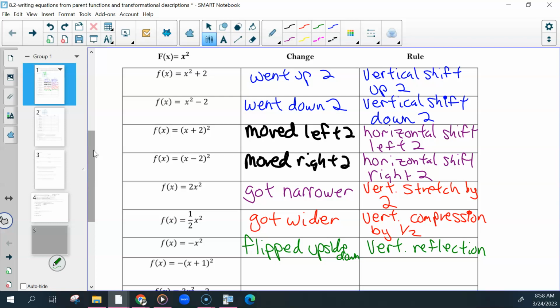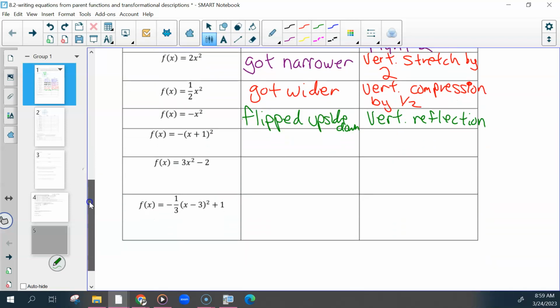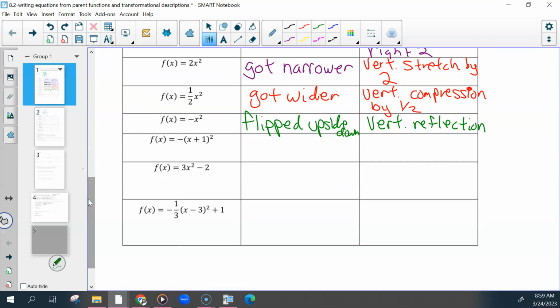And then we have reflections where it flips upside down. Sometimes all of these things will happen, sometimes just one or two, it depends. So the goal is to try to not rely on the graph and see if we can know what the transformations are without graphing it, but of course, if you still have to graph it, we can graph it.